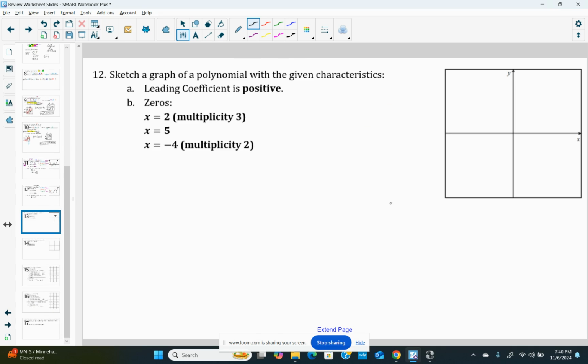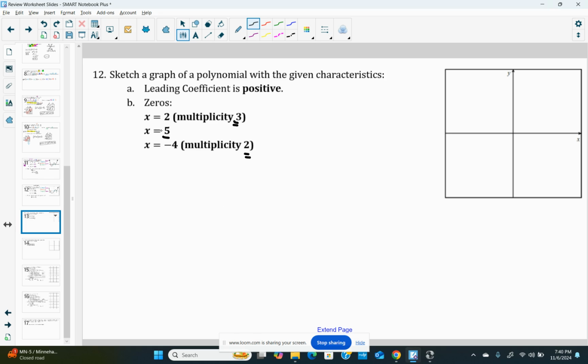Number 12, sketch a graph with the given characteristics. So our leading coefficient in this case is positive, and then we've got these zeros. So this is going to tell us that our degree, okay, because we have this one here 3 times, this one's here once, and then this one's here twice, right?